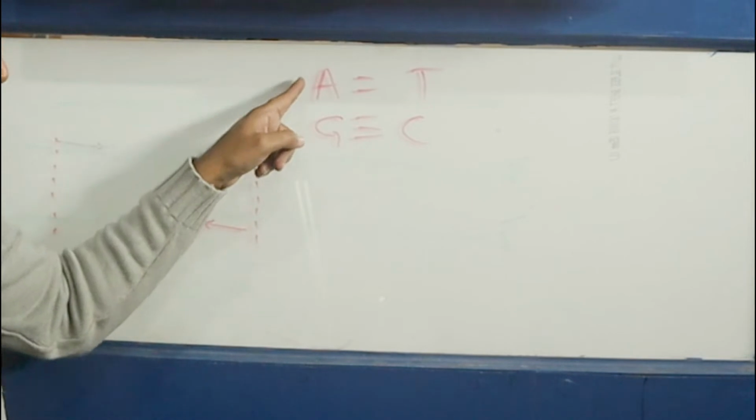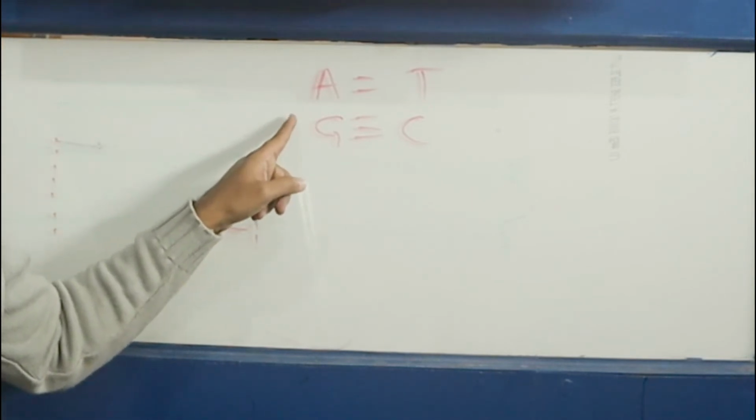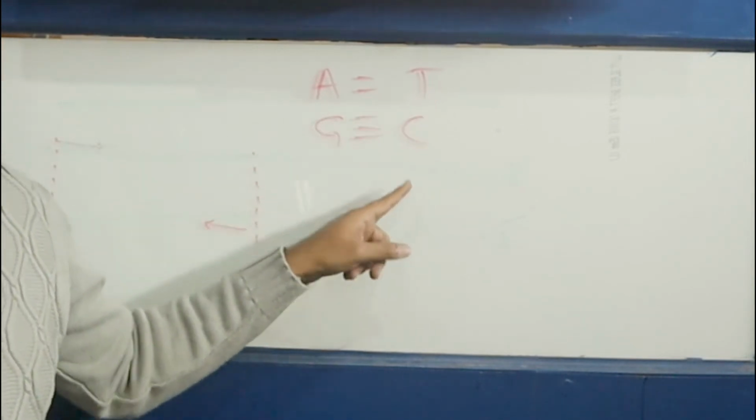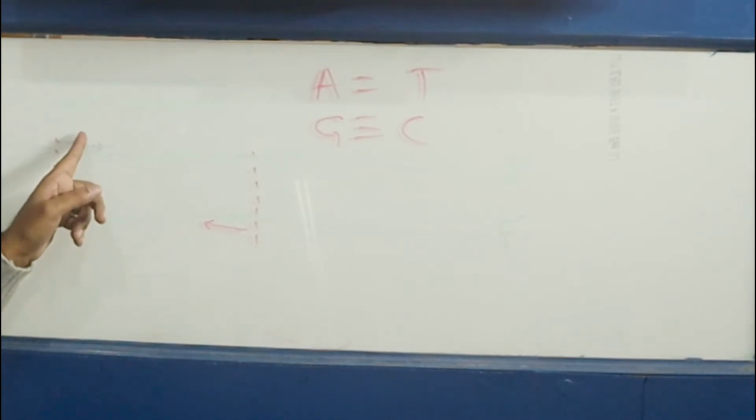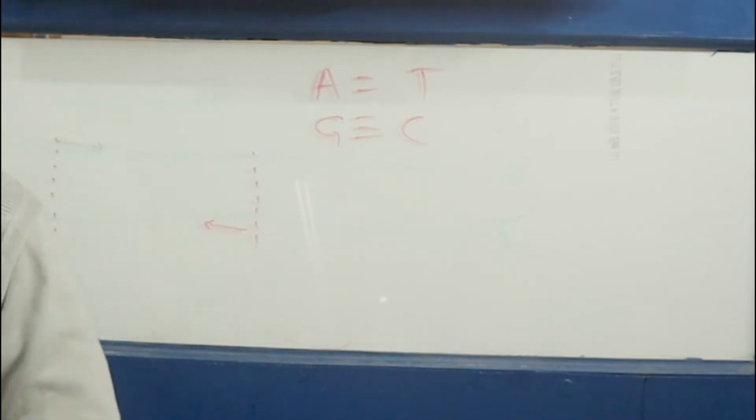So it needs this particular sequence as a template to add these nucleotides onto the growing polynucleotide chain. So basically it needs two types of sequences or DNAs. One is the primer sequence, and the other one is the template sequence.